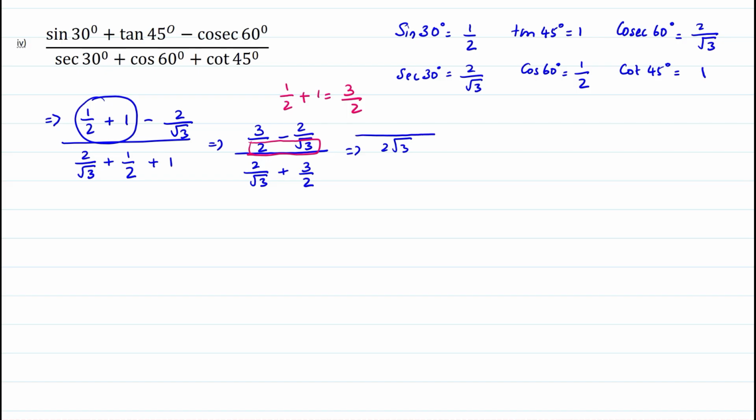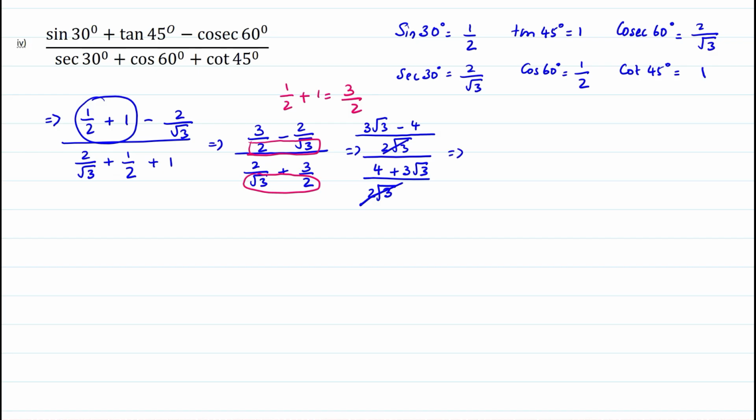On the top we will have 3 root 3 minus 4 divided by, same thing, we will take this as LCM for the denominator, and then the denominator will be written as 2 root 3 and 4 plus 3 root 3. These two get cancelled.